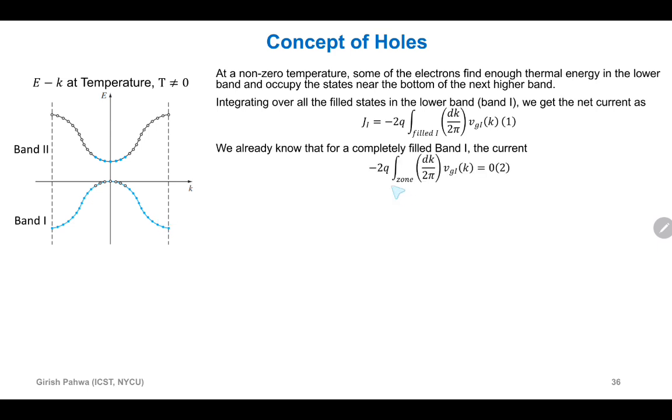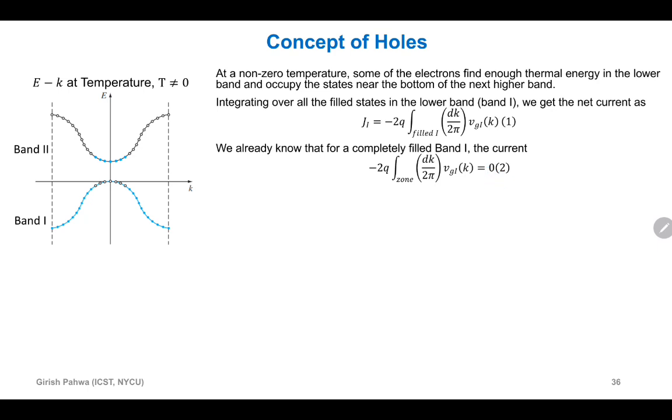Mathematically, that means this. If my k varies over all the values in the zone, from minus pi by a to pi by a, then this gives me 0.